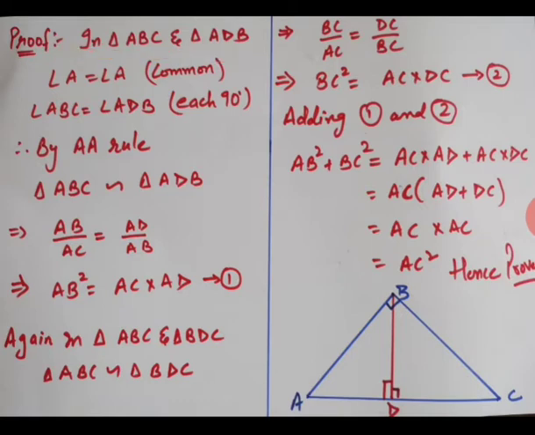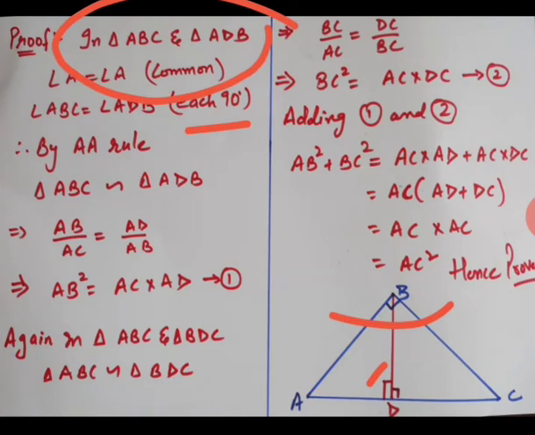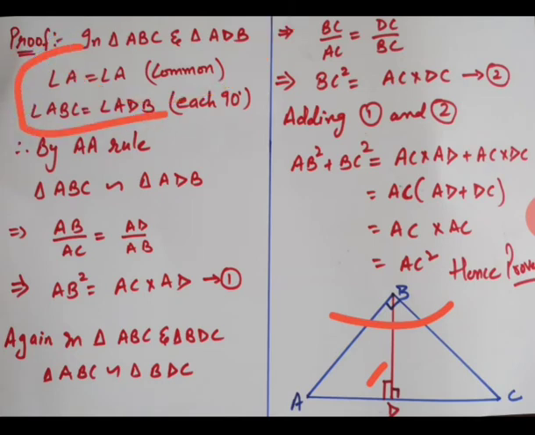You can see clearly in the diagram that this angle ADB and this angle ABC are of 90 degrees each. I have written it over here. So in these two triangles, two angles are equal. So by the AA rule, the triangles become similar, right?